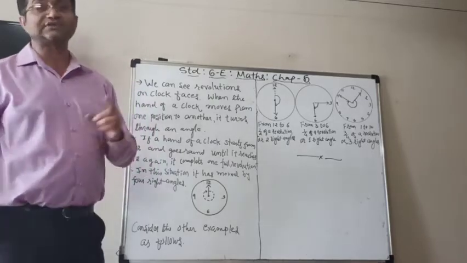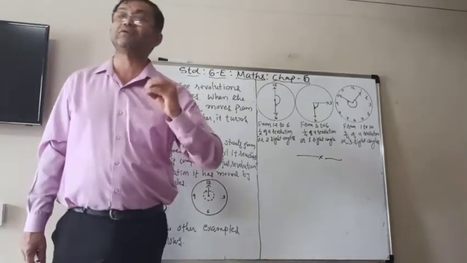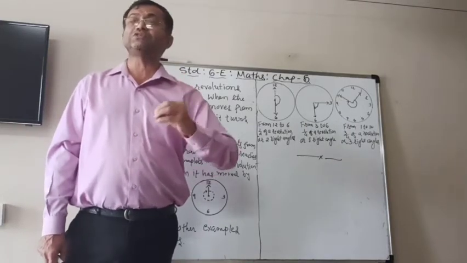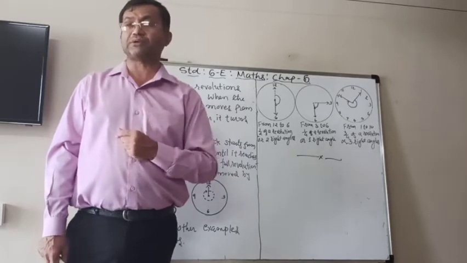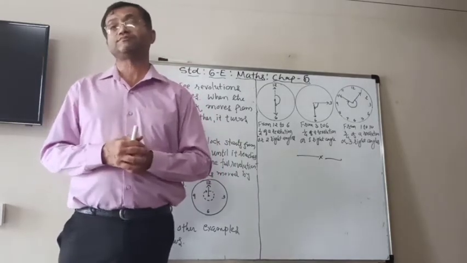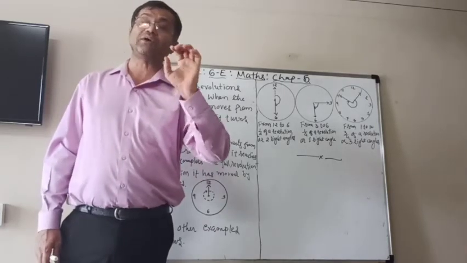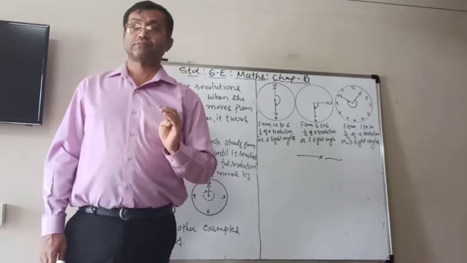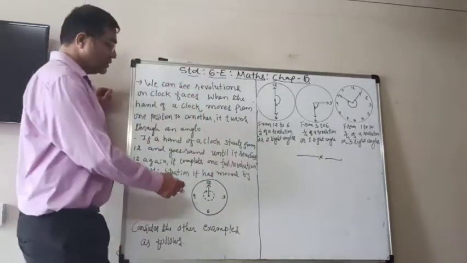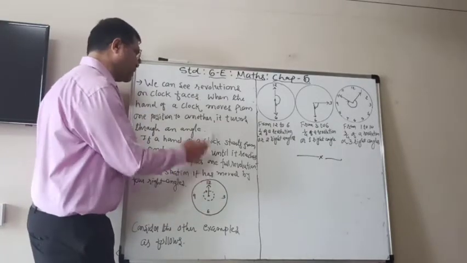Here we can say that a complete revolution or a full revolution is completed. So to do this full revolution, how many right angles do you think it has moved? There are 4 right angles. So when 4 right angles come together, it makes a complete angle. So here you can see that from 12 to 3, 3 to 6, 6 to 9 and 9 to 12.